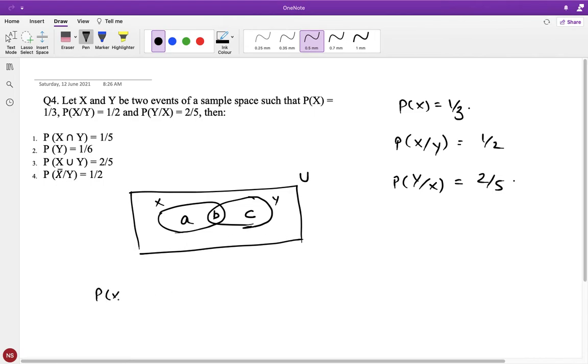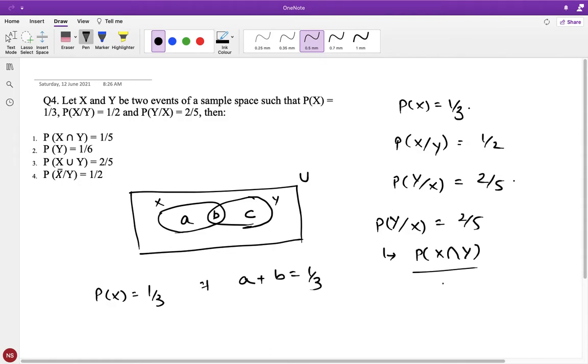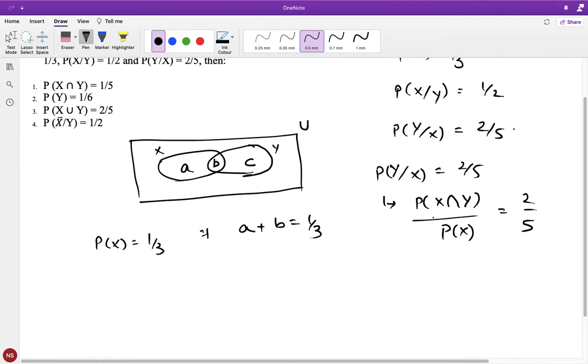So P of X is 1 by 3. This means A plus B is equal to 1 by 3. P of Y given X is 2 by 5. What is P of Y given X? It is P of X intersection Y by P of X, which is 2 by 5. What is X intersection Y?